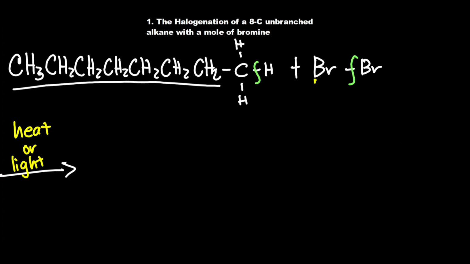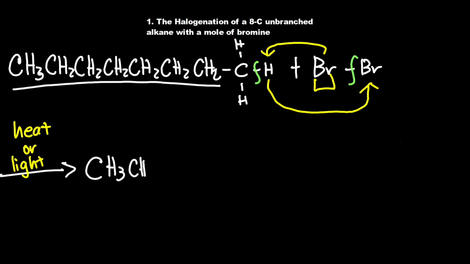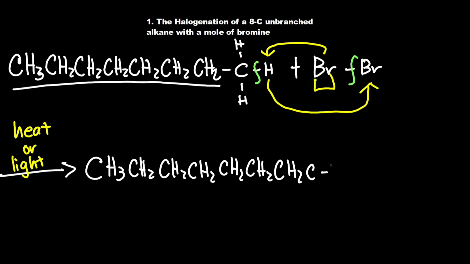And once again, the bromine in here would replace the hydrogen, the C-H bond, and the hydrogen that's been replaced would react with the bromine. So this would be, copy this first. And this would be C-Br, and the hydrogen on this, plus the hydrogen that's been replaced would react with Br, which makes this a hydrogen bromide.